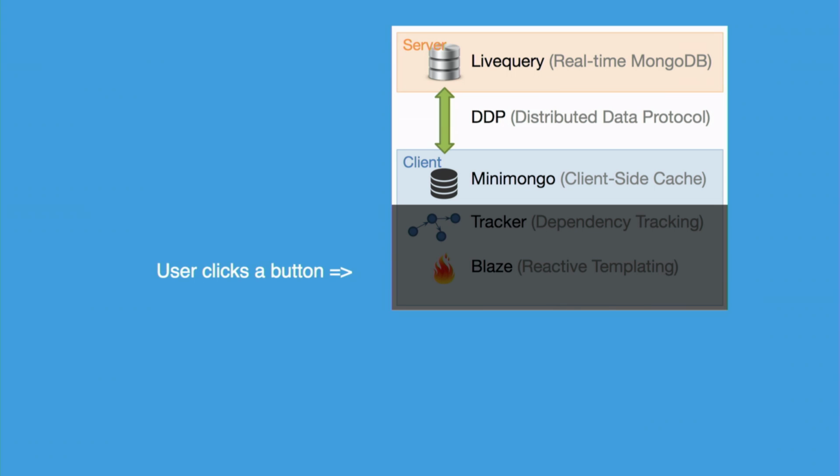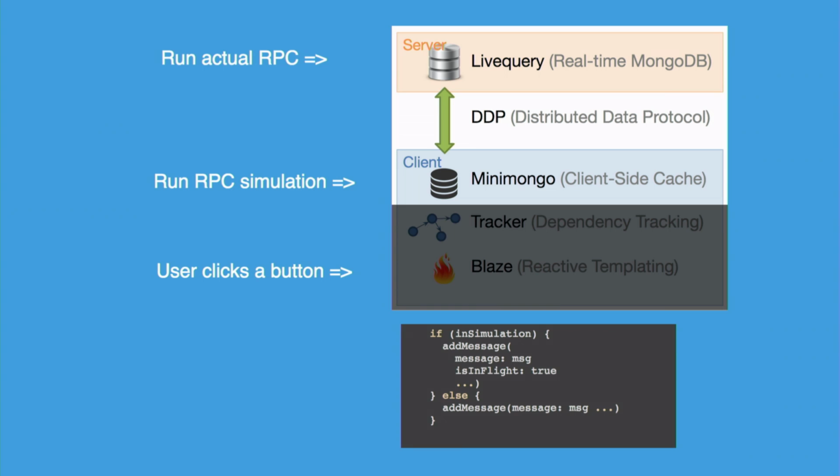It starts with the front-end layer getting a user interaction. A typical user interaction would be pressing a button, like submit this message or create this chat message. This code runs a JavaScript function that would be executed in Meteor on both client and server. This is what we call RPC, remote procedure call. In Meteor, RPCs are simulated on the client to achieve this latency compensation, this fast result.